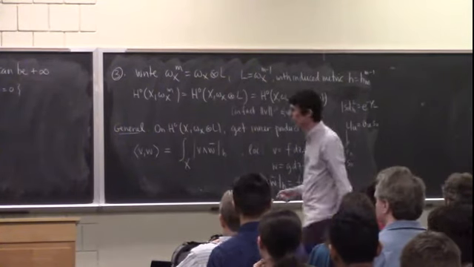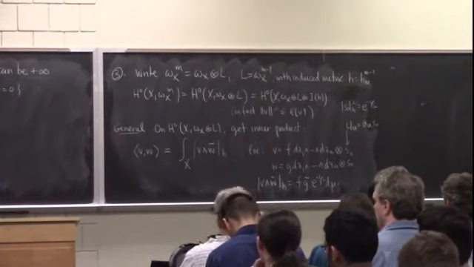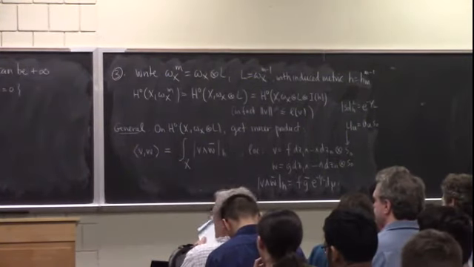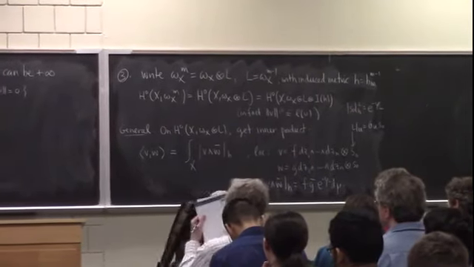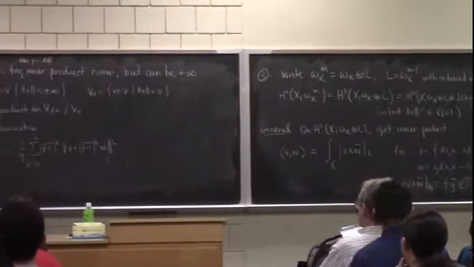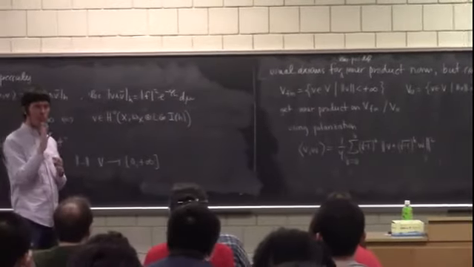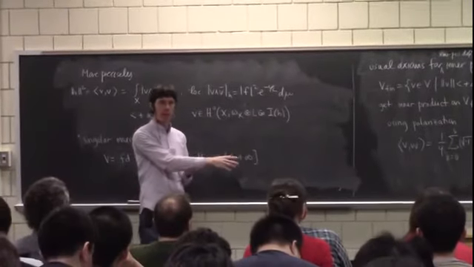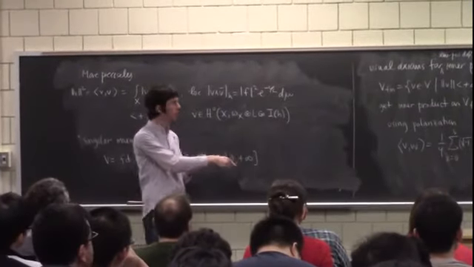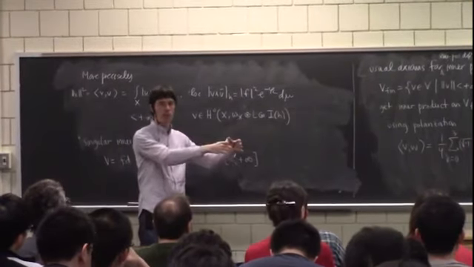So that's the absolute construction. It's a little bit cumbersome. To sum it up once more, you measure the lengths of forms, and you use the length measurement to put a metric on the line bundle omega X. Then you think of omega X to the m as omega X times omega X to the m minus 1.